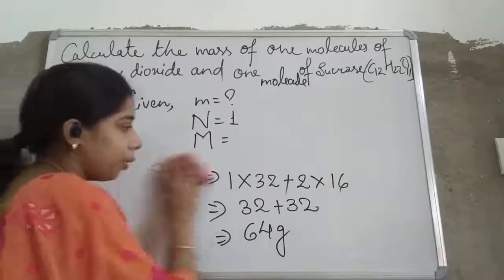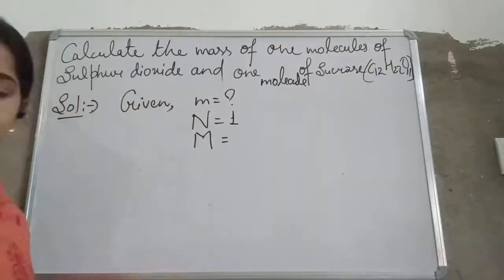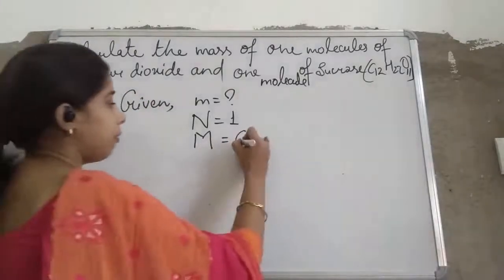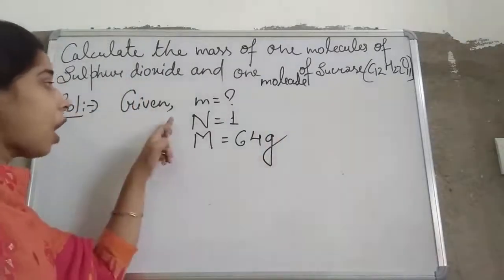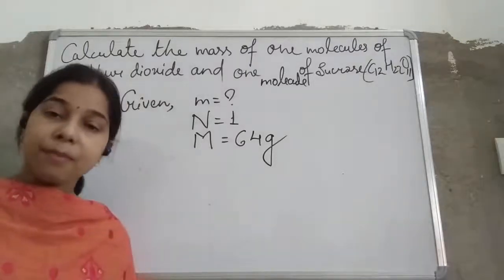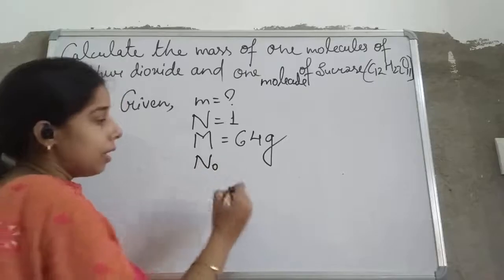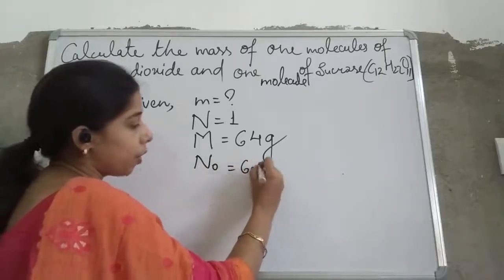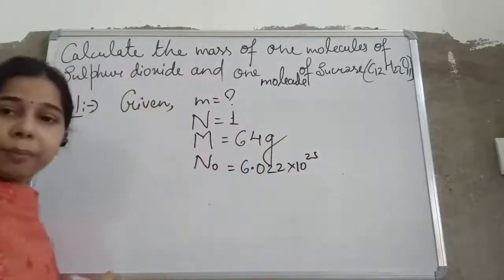So we will put the value here, 64 gram. Now see here, we know the capital M, we know the capital N, and we also know the N naught, that is equal to 6.022 into 10 to the power 23.